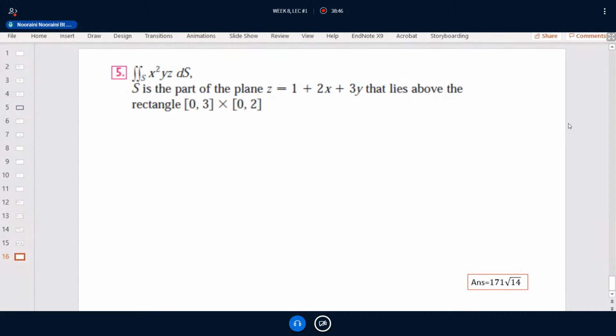This one you can try, to get the answer 171 square root 14. Maybe try first and check whether you get the answer 171 square root 14.